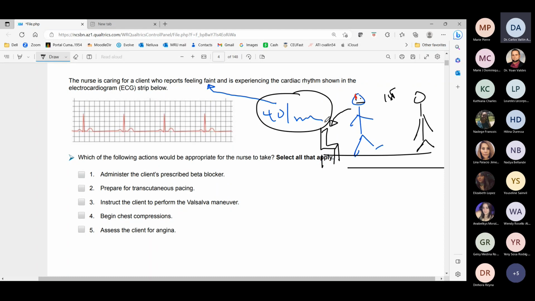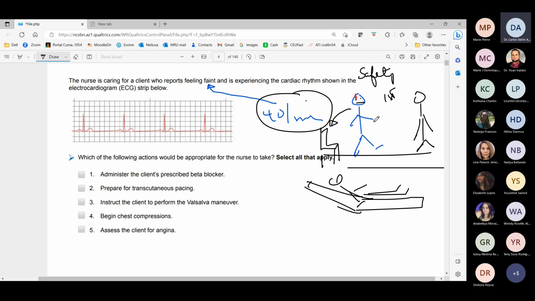Sit the patient. You don't want the patient falling again. Then, after the patient is sitting, or in bed, and the patient is safe, remember, safety is important. The patient is conscious, but the problem is the very low heart rate.